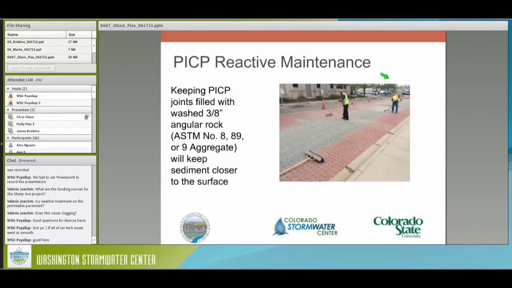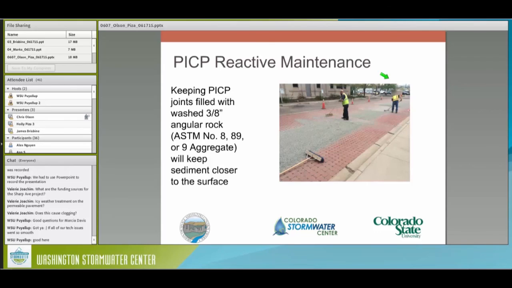We can use those methods and remove the sediment while it's at the surface, versus, for example, the Fort Collins site, where the aggregate had settled and moved at least an inch if not 2 inches below the surface and had never been refilled since its installation.